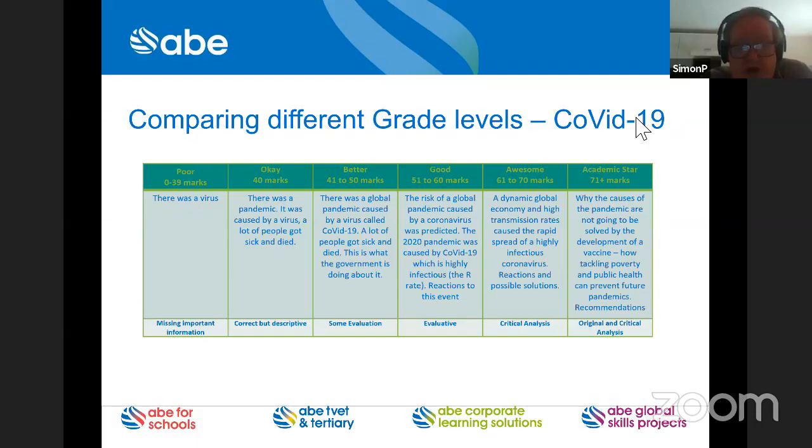Getting towards higher marks still, so 70% is a distinction in our mark scheme. A dynamic global economy and high transmission rates cause the rapid spread of a highly infectious disease. So this again is probing into the reasons why this particular disease became evident throughout the world.